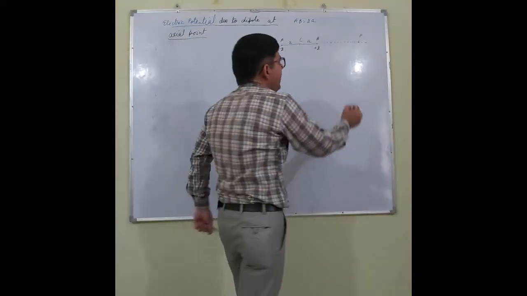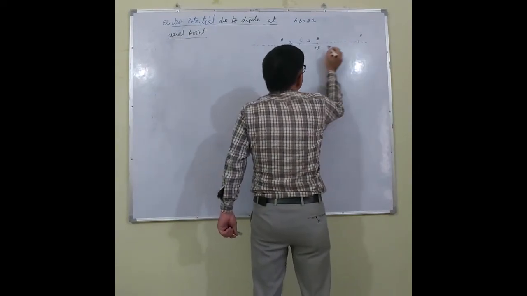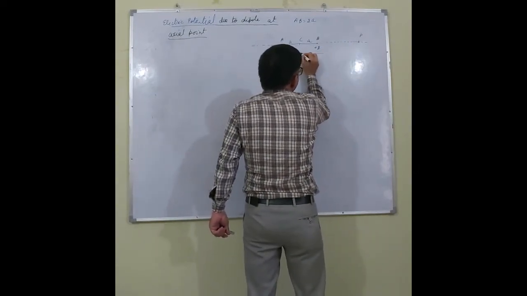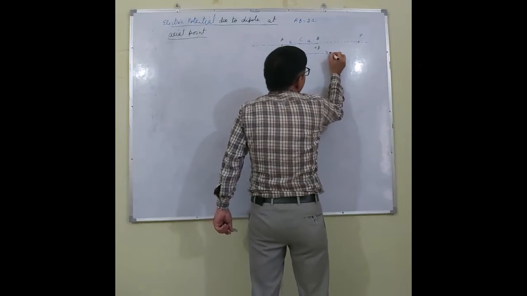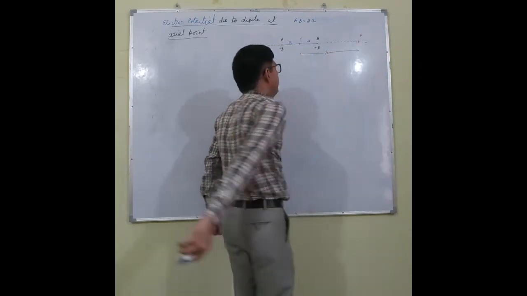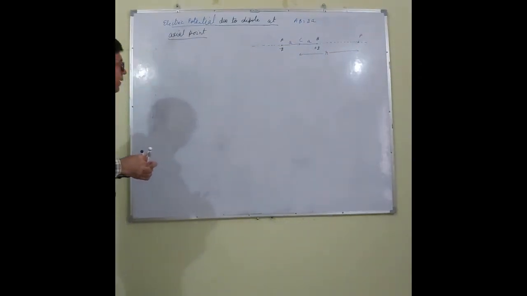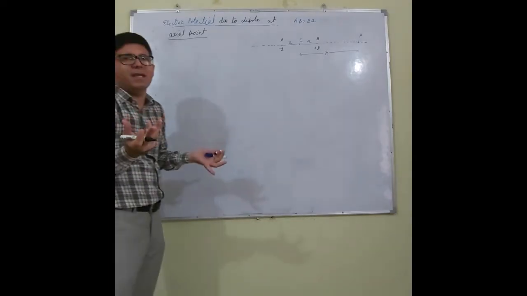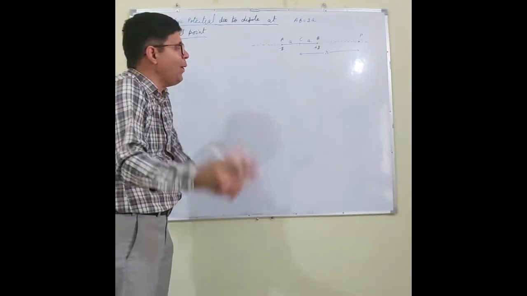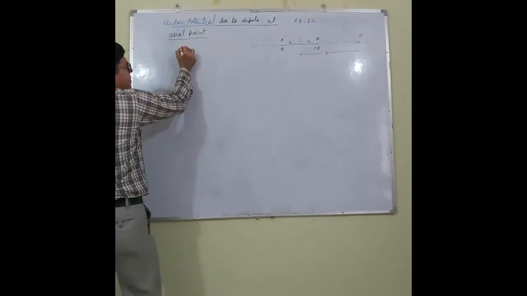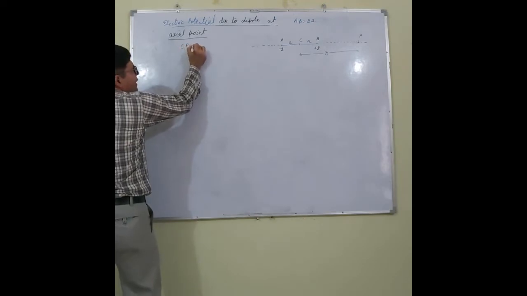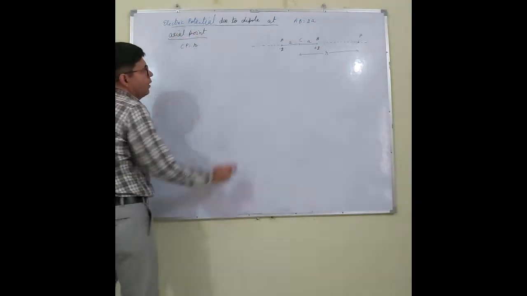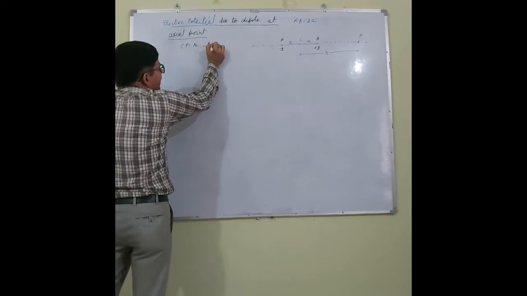Now, if I say that P is a point here such that the distance between the center of the dipole and that point is r, right? Now, I have to calculate the electric potential at point P. Can you tell me what is BP?